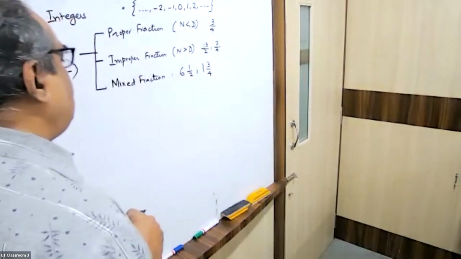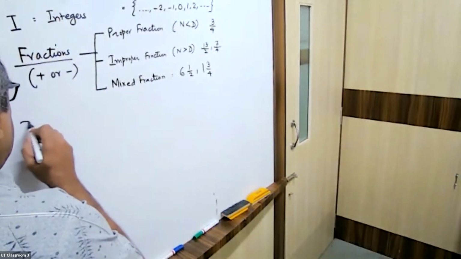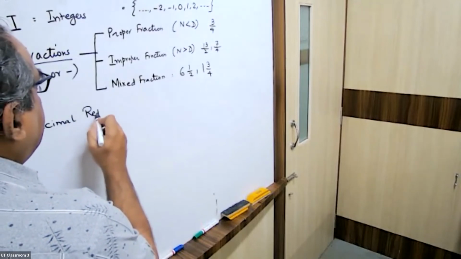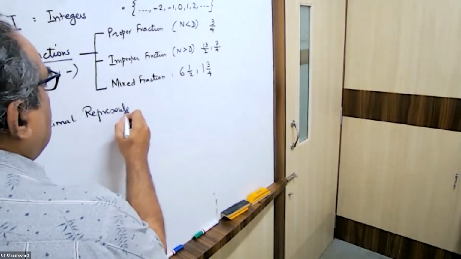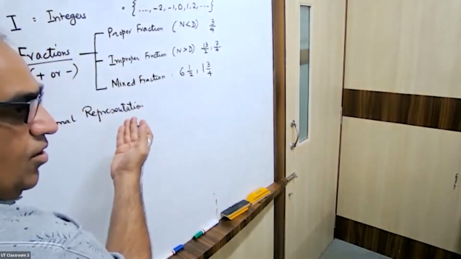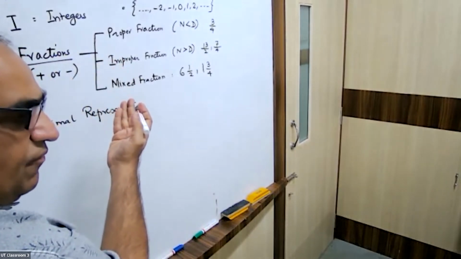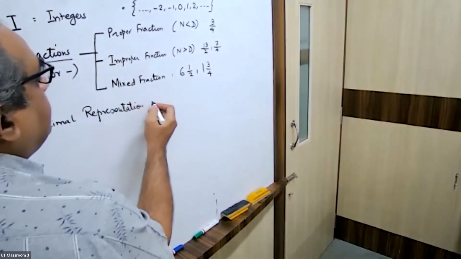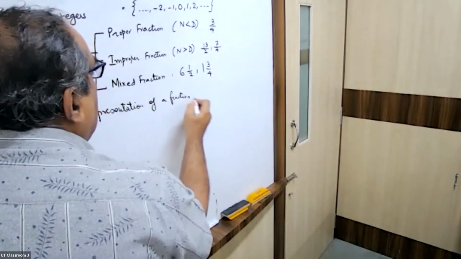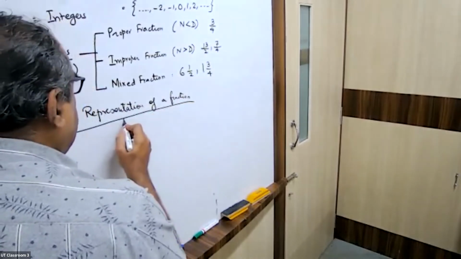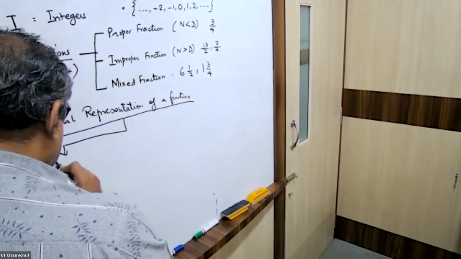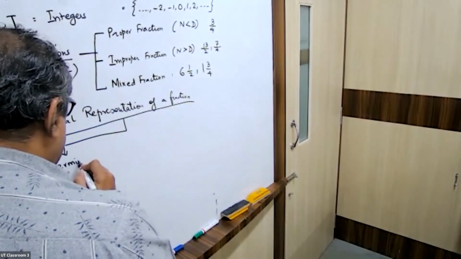Then after that, what we learned was decimal representation of a fraction or of a number. Because as we said, all these numbers are fractions. So I'm saying decimal representation of a fraction. Again here, there are three types. One is terminating.